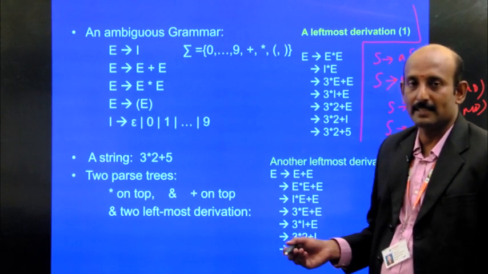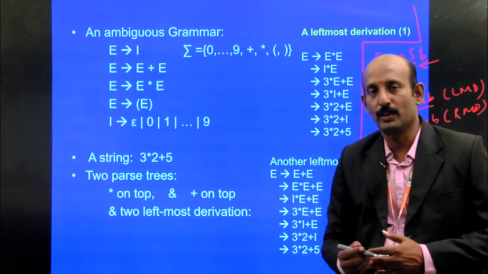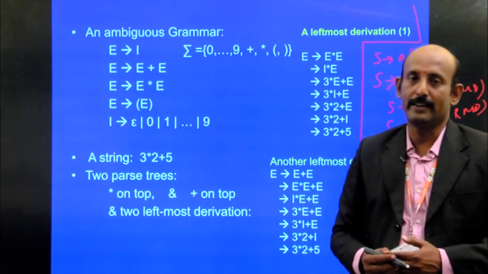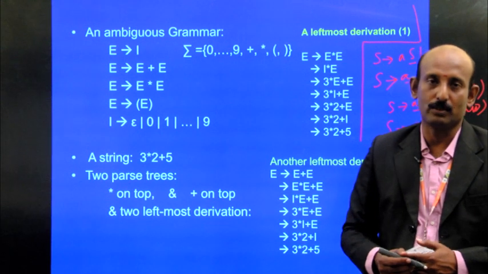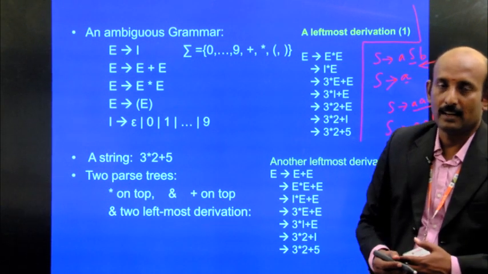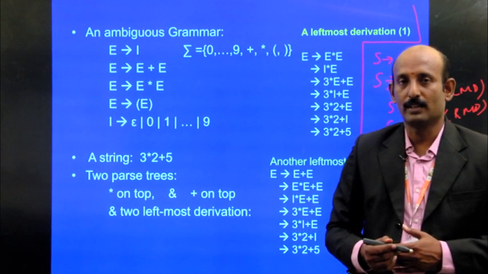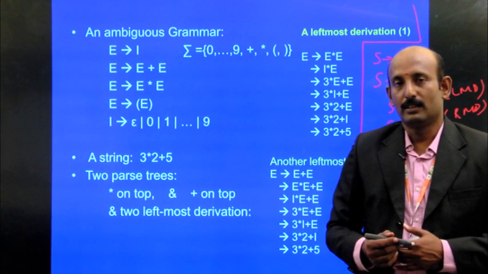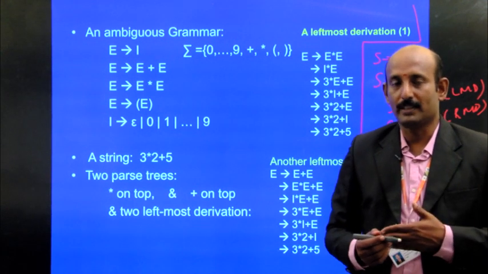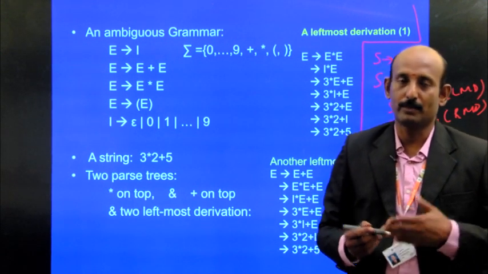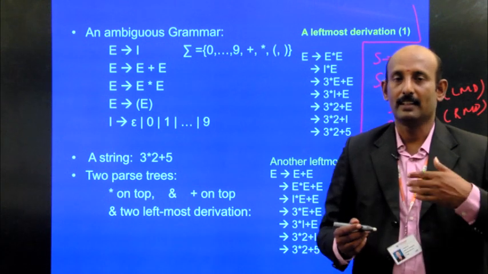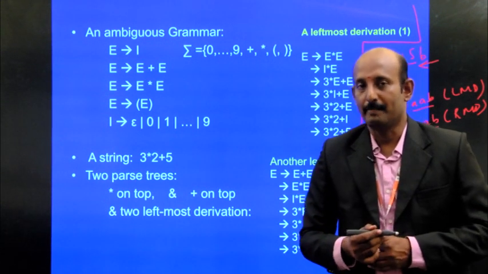So the grammar is ambiguous if it produces more than one leftmost derivation or rightmost derivation. In another form of definition, it is a grammar that produces two or more parse trees for the given input string.